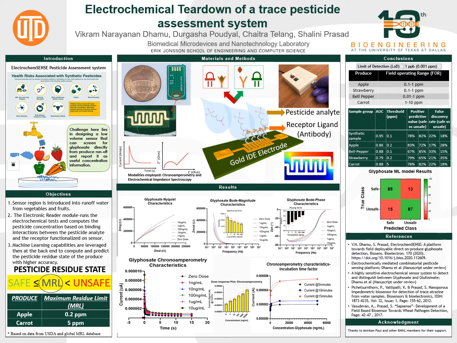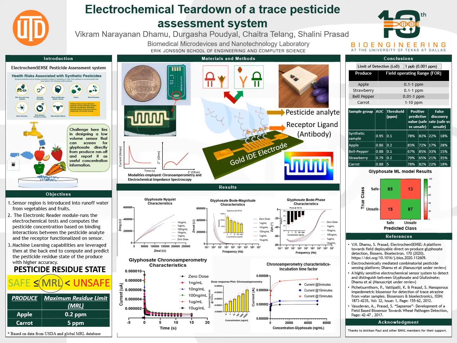The sensor chip that we've built is the form factor of a USB flash drive for slot in and slot out with the USB receptor or the reader module that we've built. The EIS modality that we apply here is one of our first electrochemical systems that we have tested for this pesticide ecosystem.